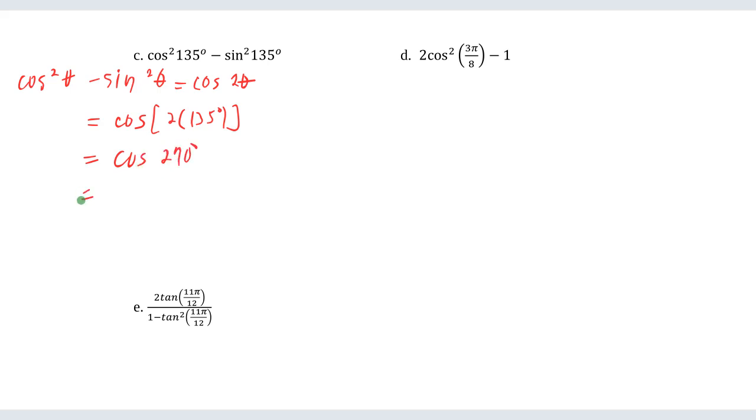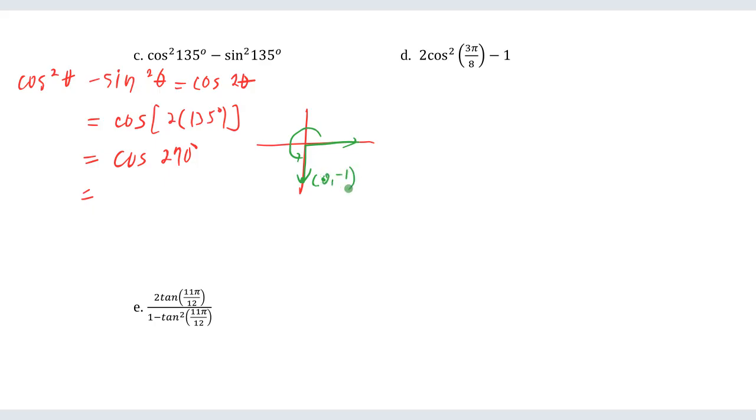Now let's evaluate that by drawing the 270 degrees. We know that 270 degrees is located on the y-axis on the negative side, so let's use the point (0, -1).